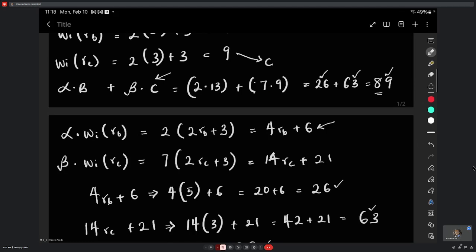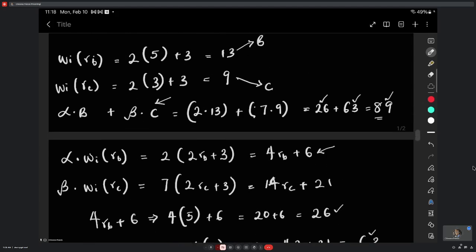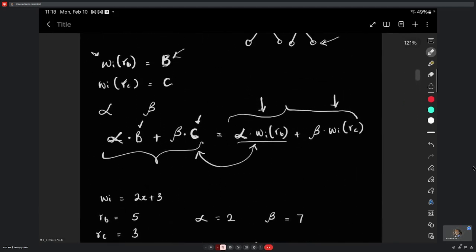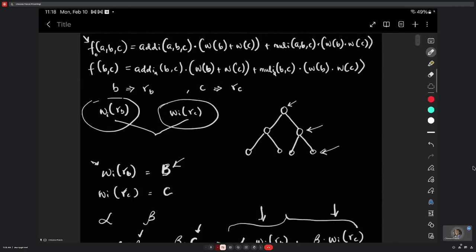So that's basically what we're trying to achieve by squashing these two claims into one using randomness.